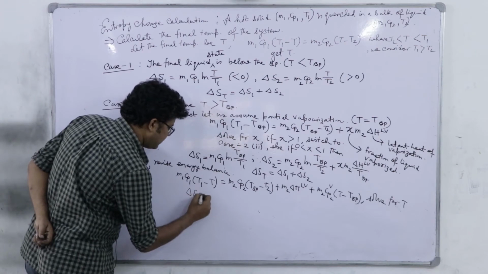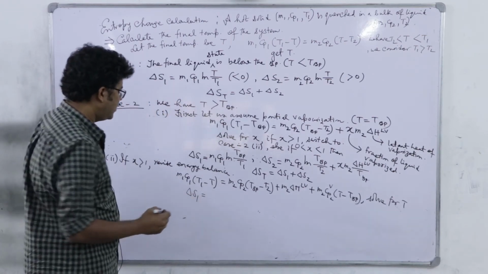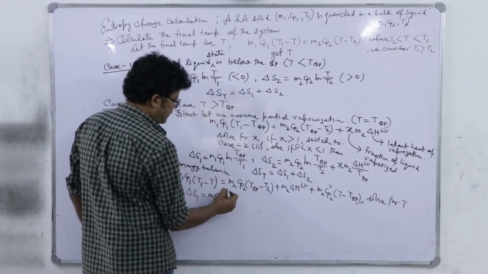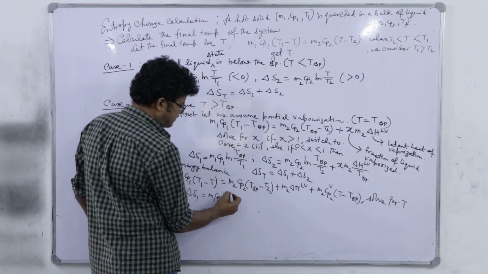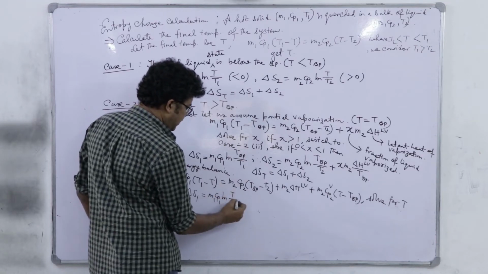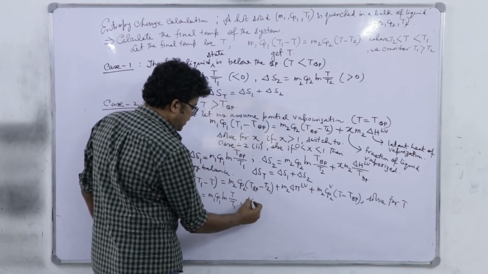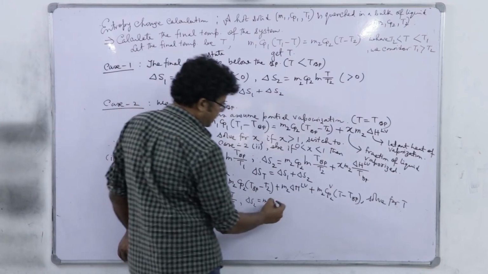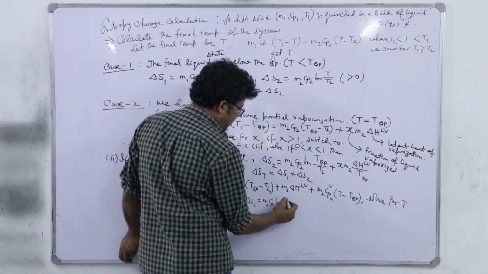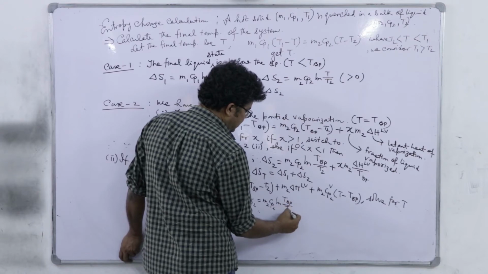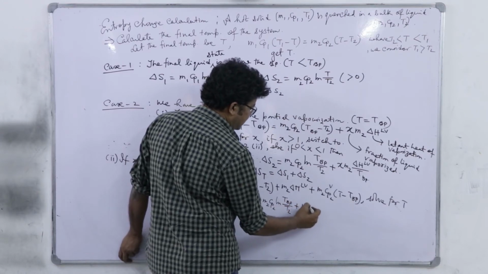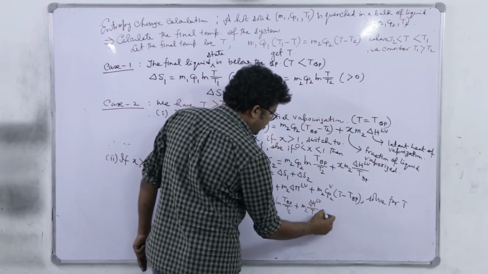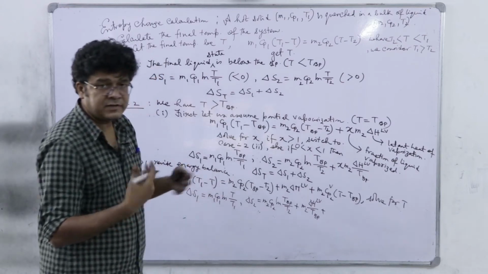So delta S1 is equal to M1 CP1 ln of T divided by T1, and delta S2 is M2 CP2 ln of TBP by T2 plus M2 into delta H LV by TBP plus the entropy change in the gas phase.